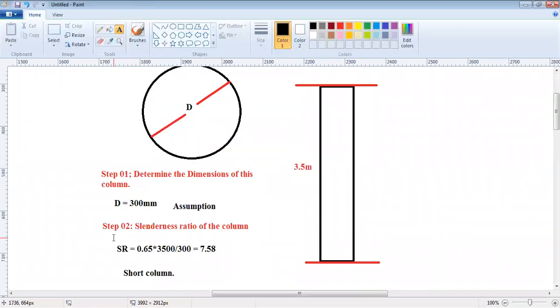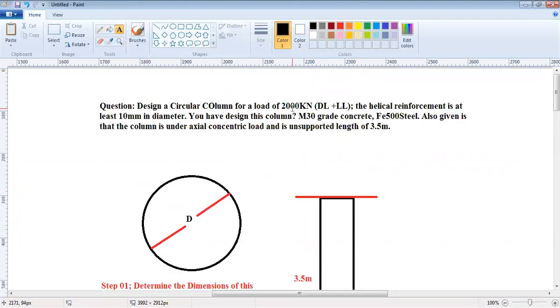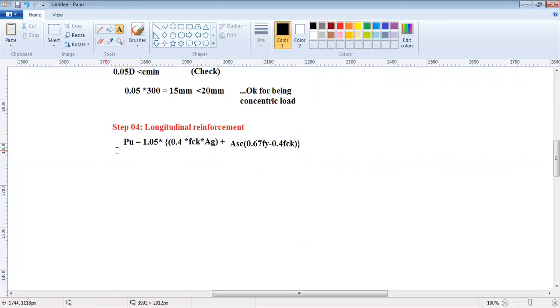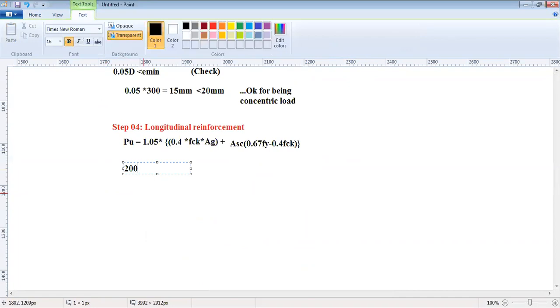Now your Pu in this question is given to you. It will be 2000 into 1.5. So the ultimate load is 2000 into 1.5 into 10 raised to power 3 in terms of Newton, which will be equal to 1.05 times 0.4 into 30 into Ag.